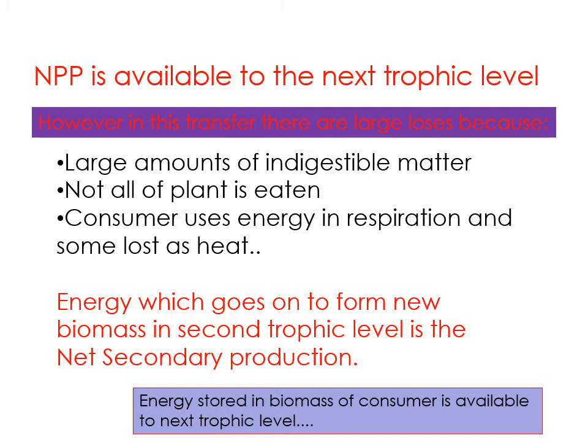You can absorb the amino acids, and so that transfer can be a bit better. So it's important that you keep the context of the trophic level in mind when you're talking about these transfers. But I'll show you some examples of that.